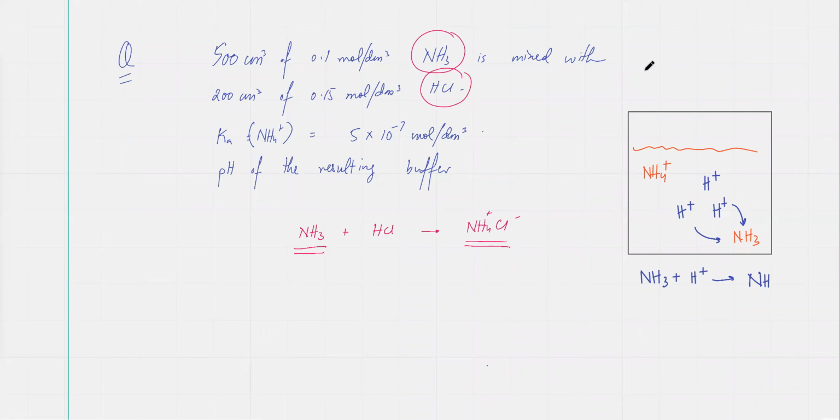So I said that if you try to increase H plus 1 ions, the NH3 would gain those H plus 1 ions, and it would form NH4 plus 1. So all the H plus ions are going to get used up.